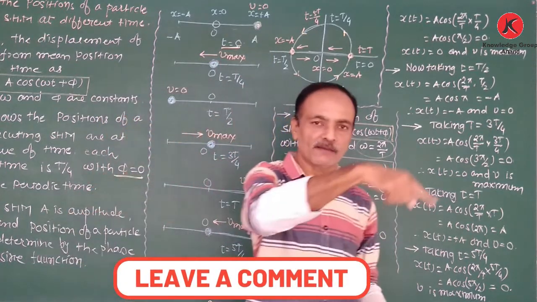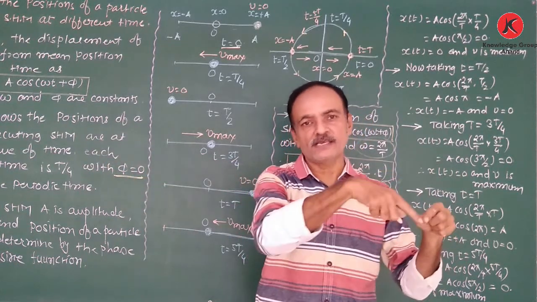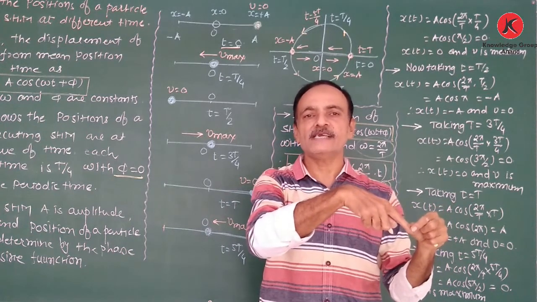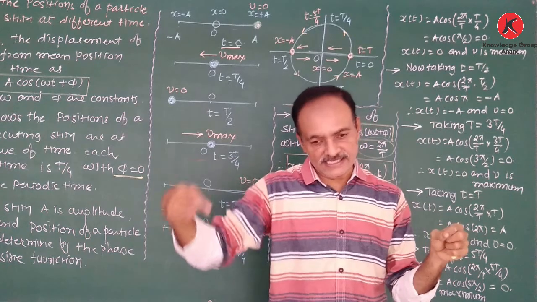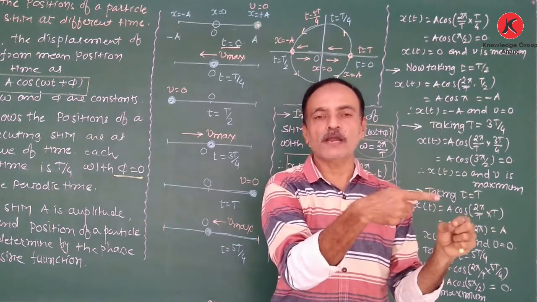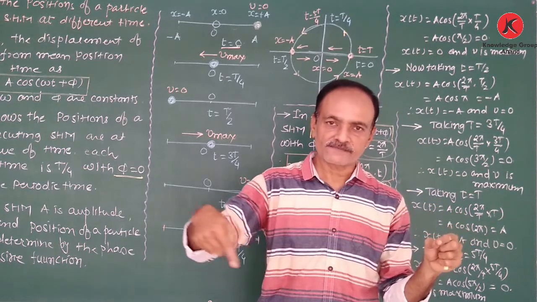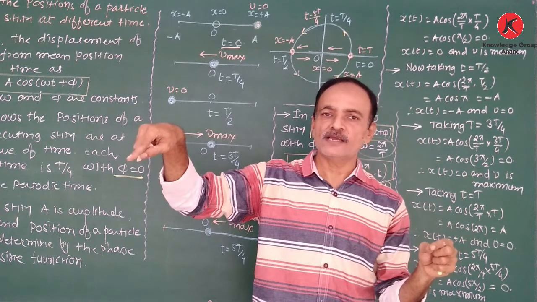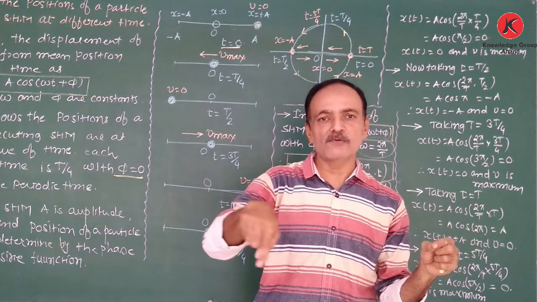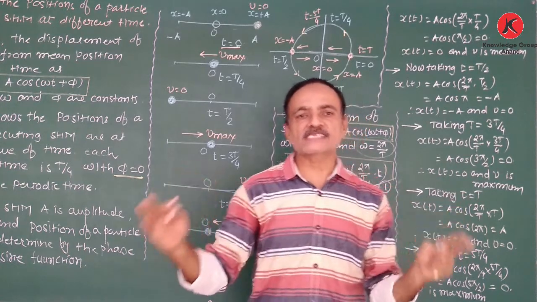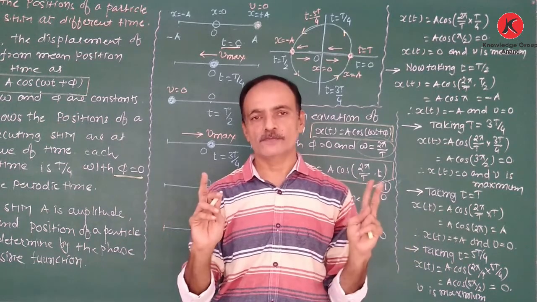Because in a simple pendulum, the pendulum oscillates this way. When it reaches this point, for one moment it remains stationary, because at this point the direction of motion is changed. Initially the direction of motion is this. Now for one moment it remains stationary, and then its direction of motion is changed like this. Again going to this extreme point, for one moment it remains stationary, the direction of motion changes, so again it moves in this direction. So at the extreme point, the velocity of a simple harmonic oscillator is 0.